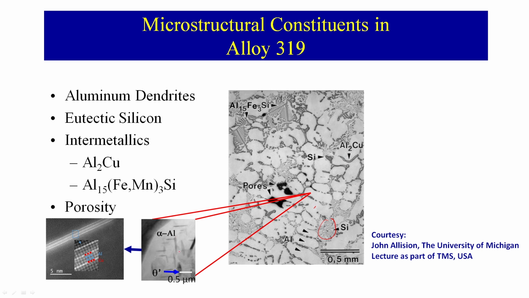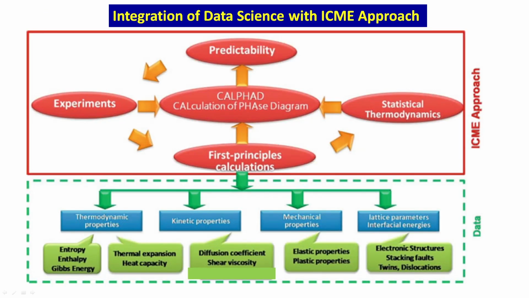These are taken from our own literature. You can also have porosities, the black color things, and some intermetallics, you can see here Al15Fe3Si2. These are all built into the microstructure, and they are going to affect the properties of your component.